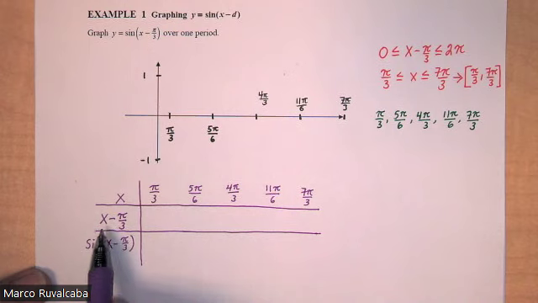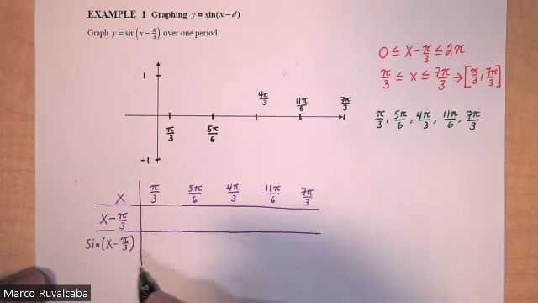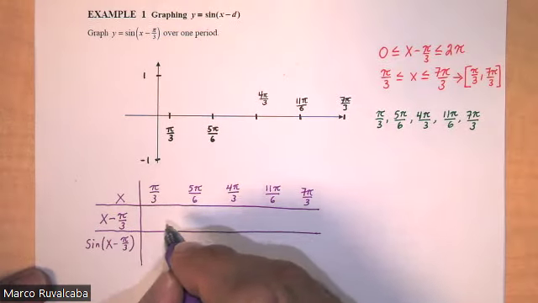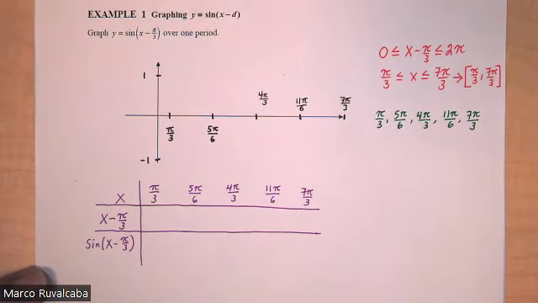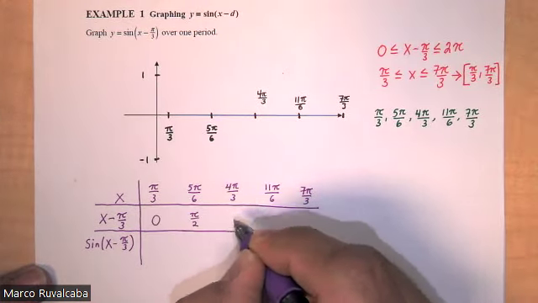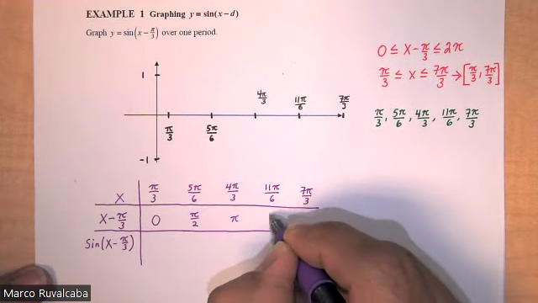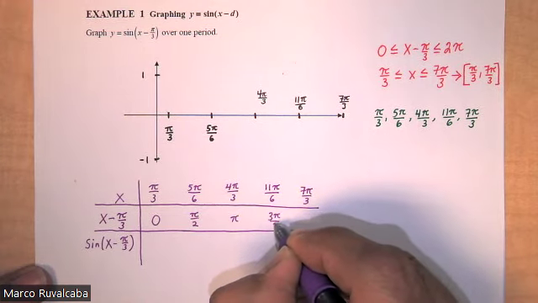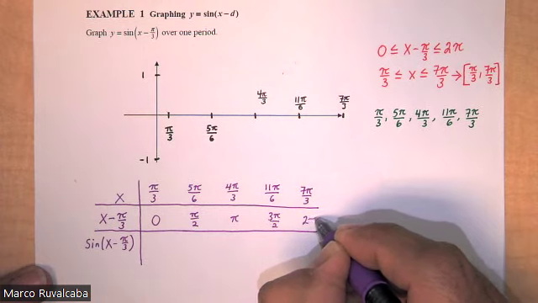And then if you subtract pi thirds from each of those, you will get the 4 values, I mean, if you include 0, the 5 values on the unit circle, which are 0, pi halves, pi, 3 pi halves, and 2 pi.